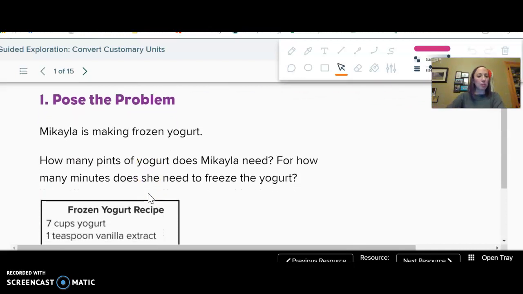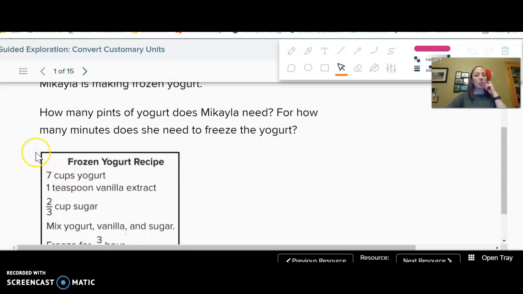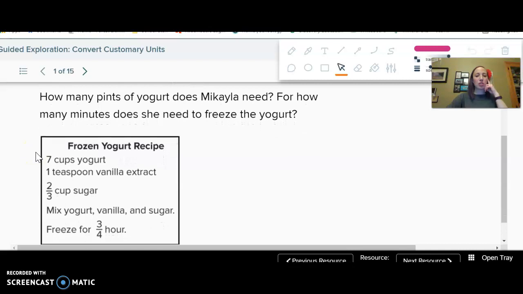So this first one, Michaela is making frozen yogurt. How many pints of yogurt does Michaela need? And for how many minutes does she need to freeze the yogurt? The recipe gives cups, so she's wondering how many pints. For example, sometimes when I'm buying cream at the store, it only comes in pints, but I know how many cups I need, so I have to figure out how many of the pints I should buy.